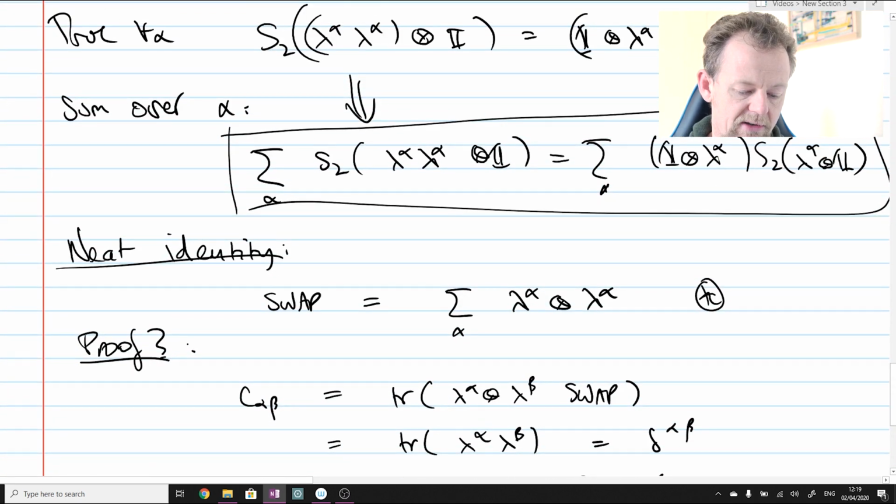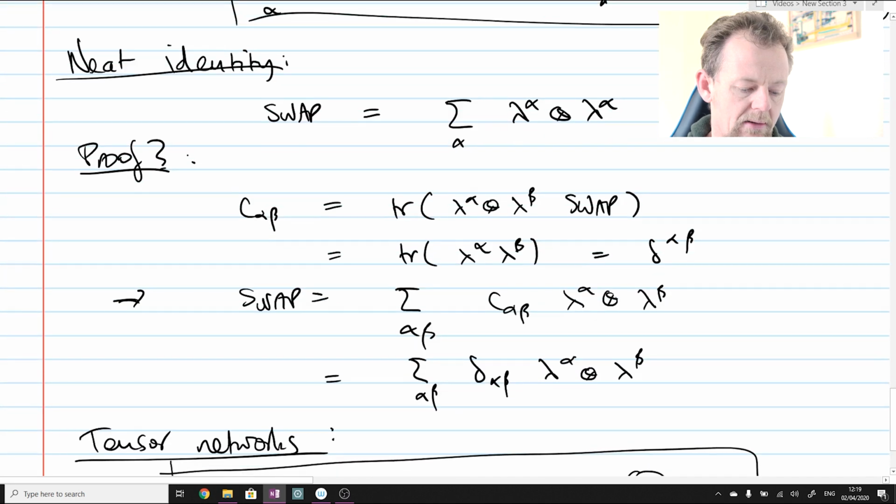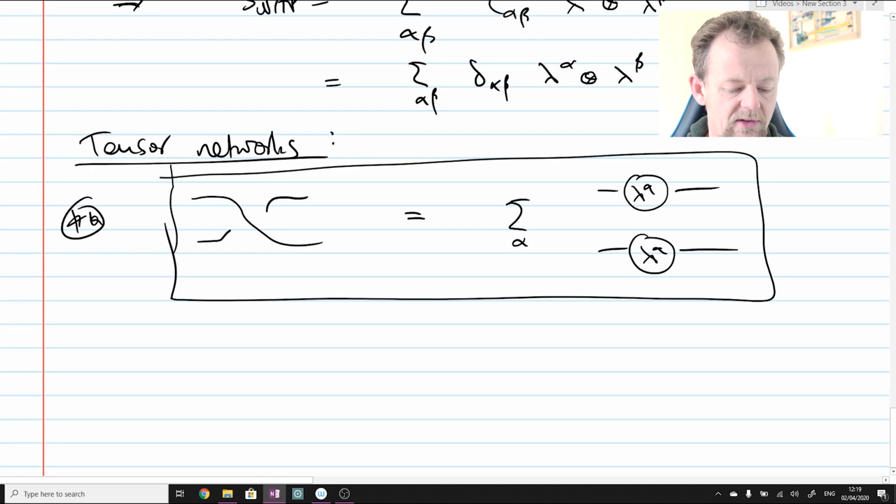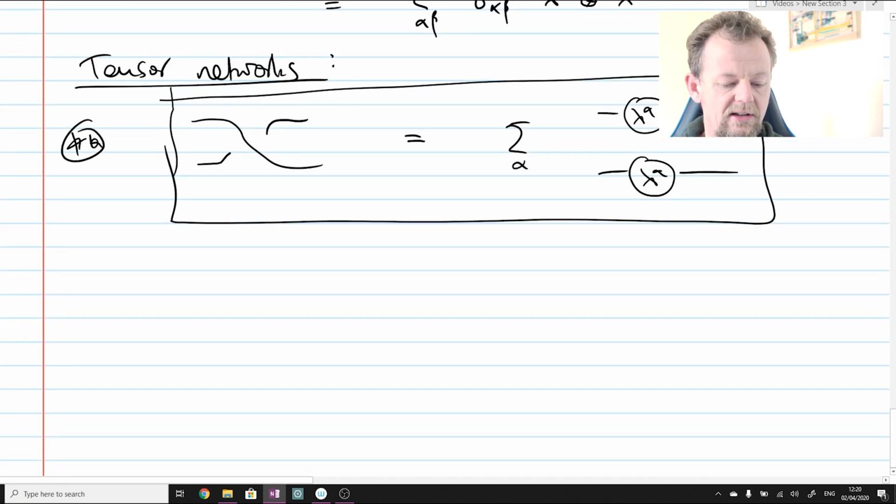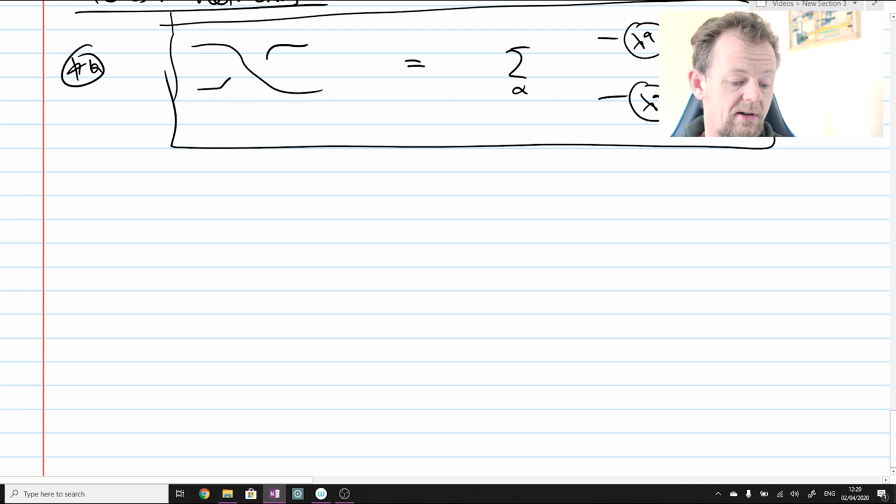So identity star star is, oops, I've actually called it identity star. I'll call it star star from now on. So the neat identity about the swap, star star, in terms of tensor network diagrams looks like this one here. Now, we can use this tensor network diagram to derive a whole bunch of other identities.